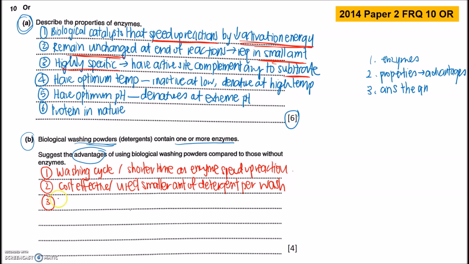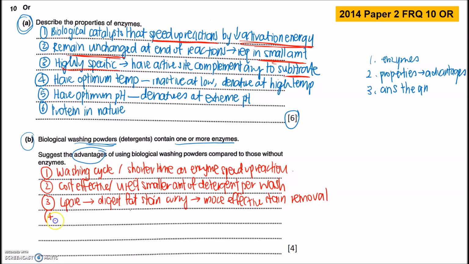But enzymes, they are specific. So for example, if I have lipase inside the biological washing powder, then it can actually help to digest any fat stains, like curry. It is more effective stain removal compared to conventional powders.